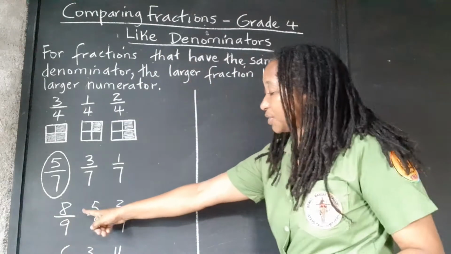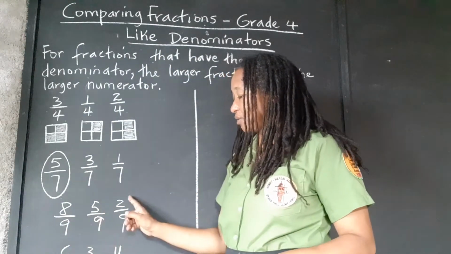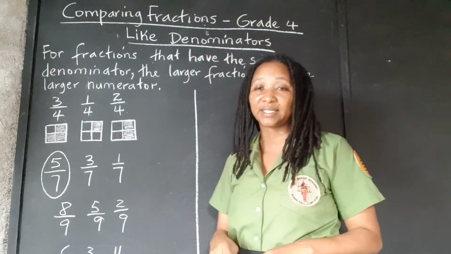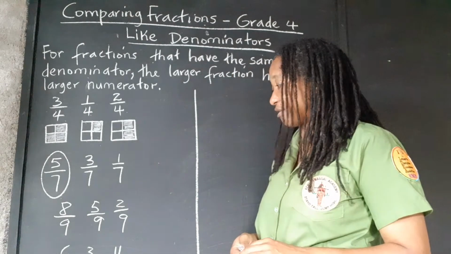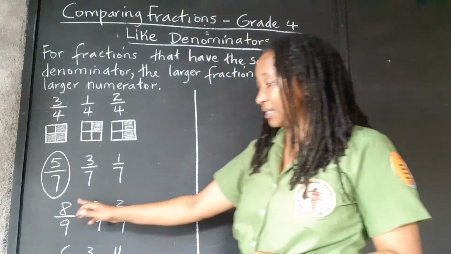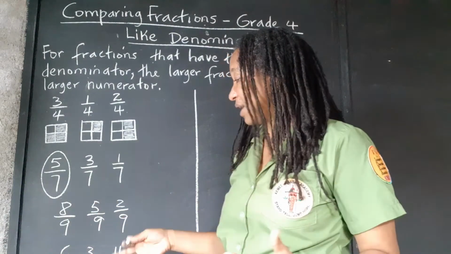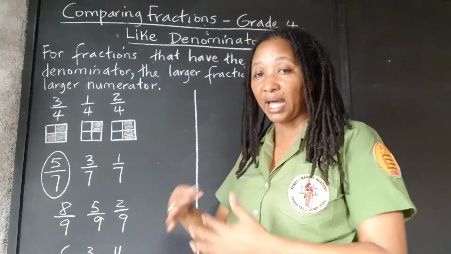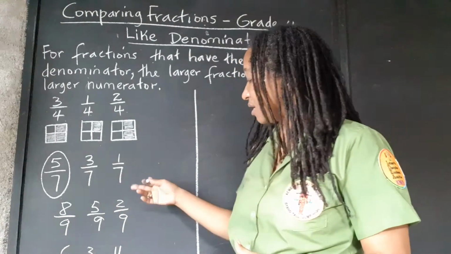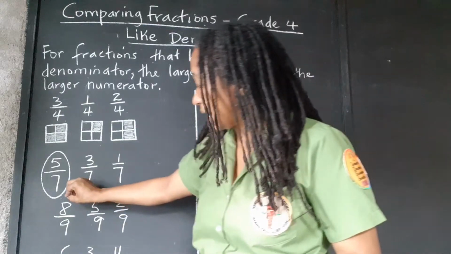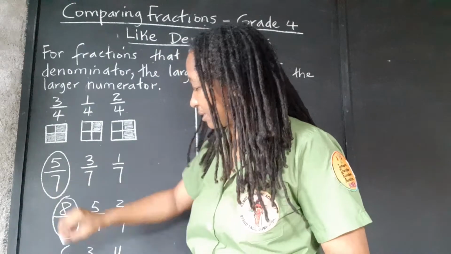So we have 8/9, 5/9, 2/9. Which represents the biggest share? The 8, because 8 parts out of 9 would be bigger than 5 parts out of an equal proportion of 9s, or 2 parts. So the 8 over 9 is the biggest.